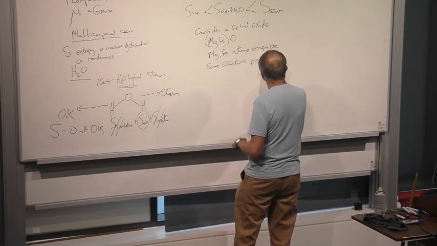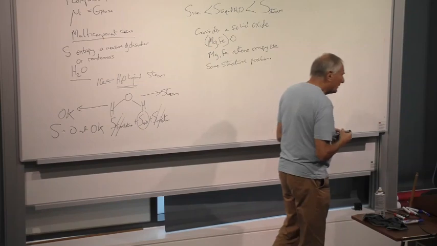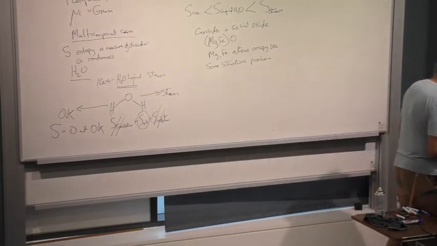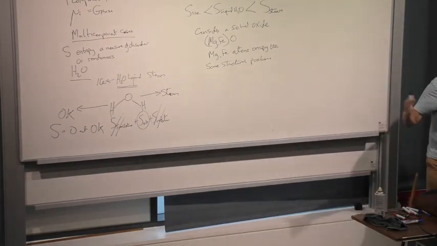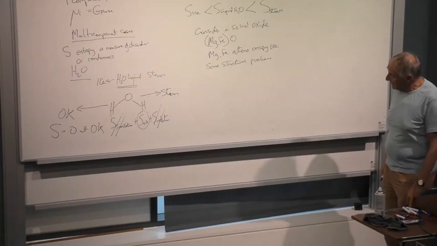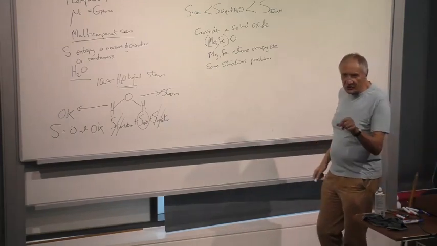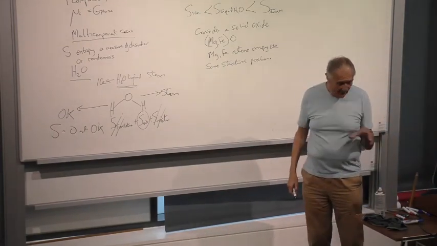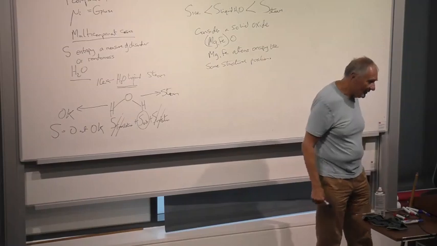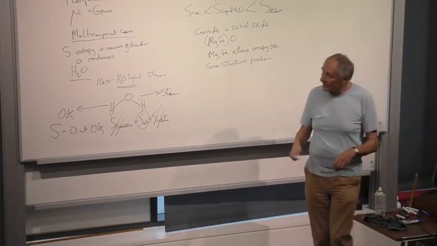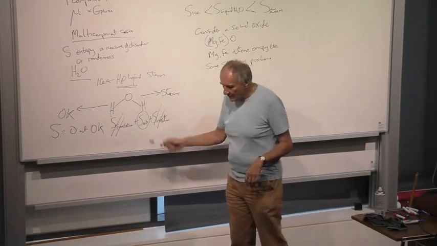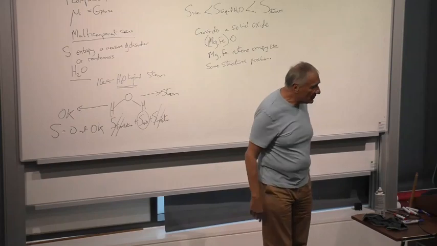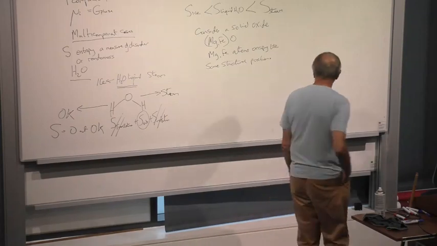So at some temperature, let's say for the sake of argument, 1000 degrees K. The magnesium oxygen bonds are vibrating, the iron oxygen bonds are vibrating, giving us some vibrational entropy. But there's an additional contribution to the entropy, and that is the entropy of mixing.